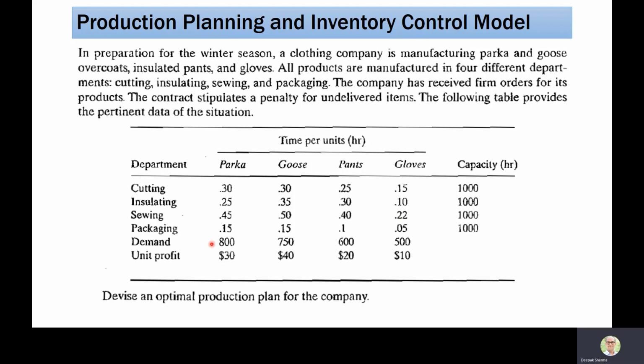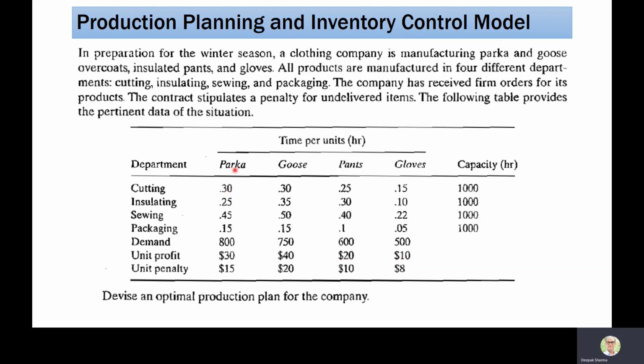Now the demand for Parka overcoat is 800. Similarly, 750 for Goose, 600 for pants and 500 for gloves. The unit profit means selling one Parka, we are going to get $30. Similarly for Goose, pants and gloves, it is given here.